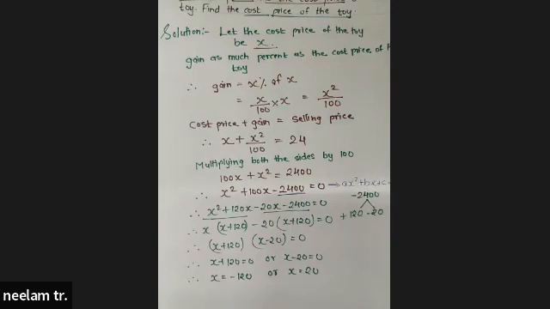So this value is negative, so it will be unacceptable, because the cost price cannot be negative. Have you ever bought anything whose cost price is minus 20, or minus 50? No, right? That's why this negative value is unacceptable.